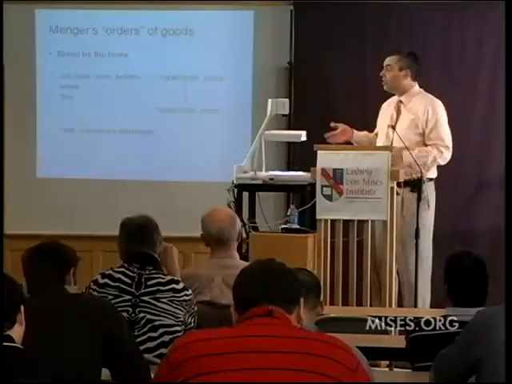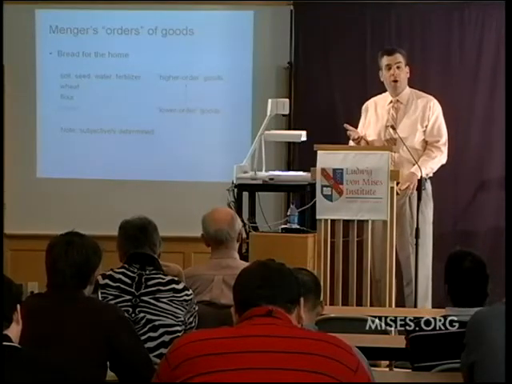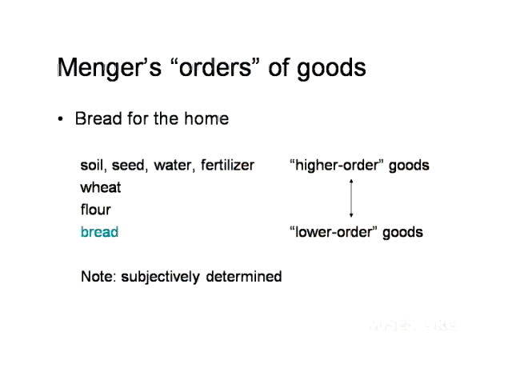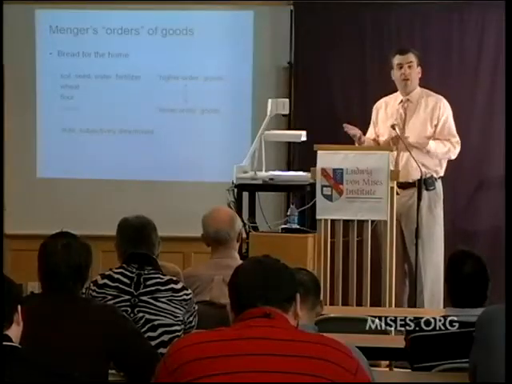Okay, so consider bread, for example. If we put this in the terminology employed by Carl Menger, the notion that goods have different orders, right? If you think about what goes into the production of bread, if I consume bread, then the bread itself that I eat is the final consumer good.